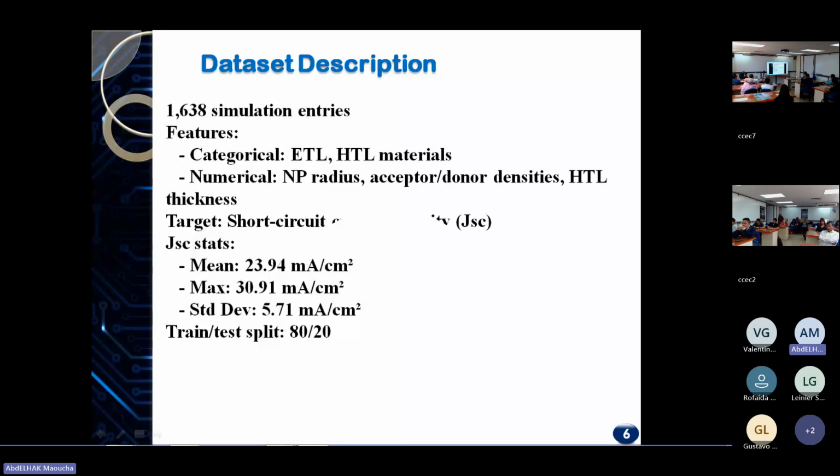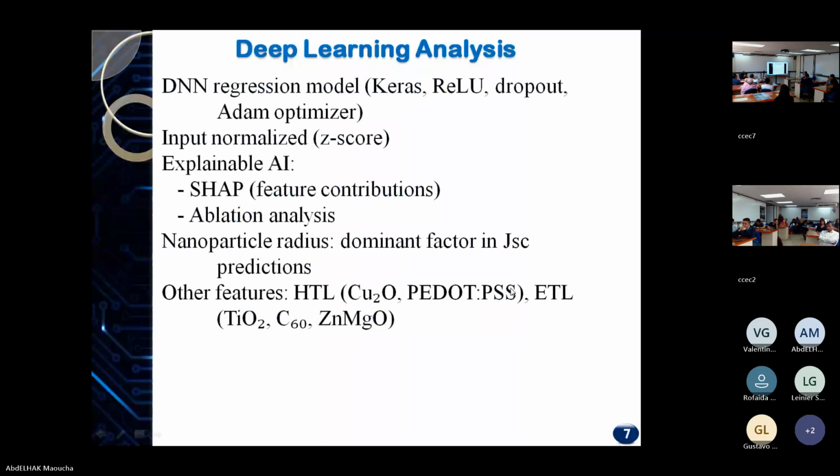Interestingly, the choice of HTL had less effect on performance. We found that the optimal nanoparticle radius is in the range of 10 to 20 nanometers, which maximizes plasmonic scattering and absorption.